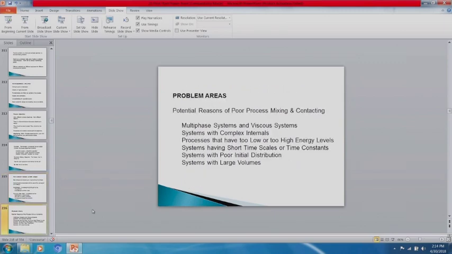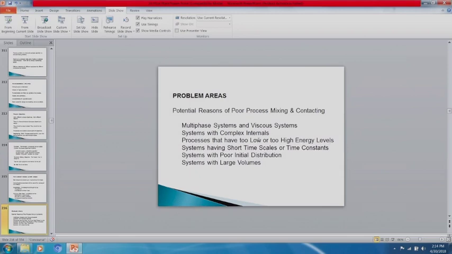Problem areas for process mixing and contacting. If you notice the variations that I cited earlier, there's an overlap between the variations and what you're trying to do and problem areas. Multi-phase systems and viscous systems, systems with complex internals, systems that have too low of an energy or too high of an energy.